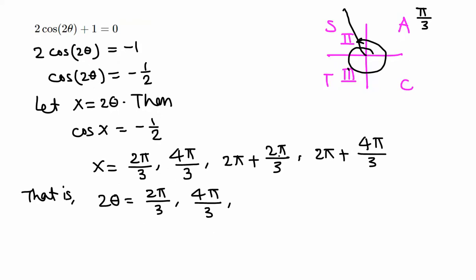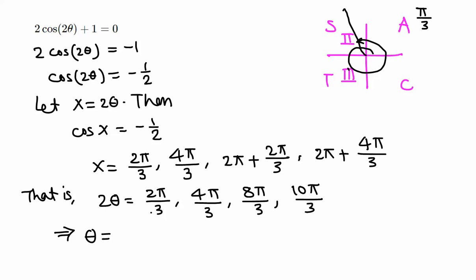So let's add these two angles. 3 times 2 is 6 plus 2 is 8 pi over 3, 3 times 2 is 6 plus 4 is 10 pi over 3. So we have 4 angles. Then for the final answer, theta, we need to divide each angle by 2, because 2 theta equals this angle.